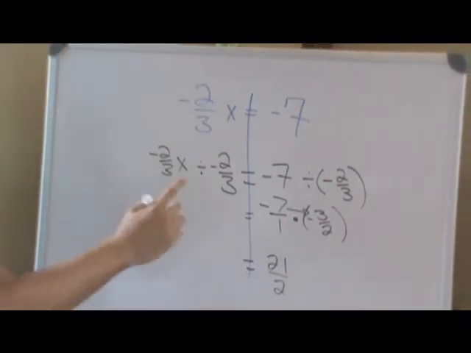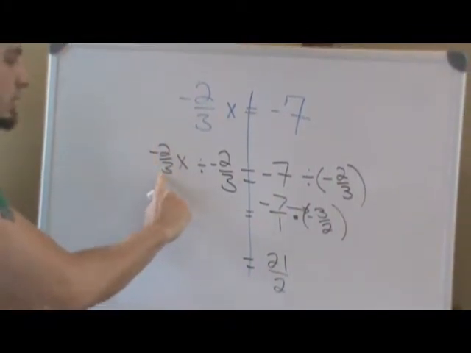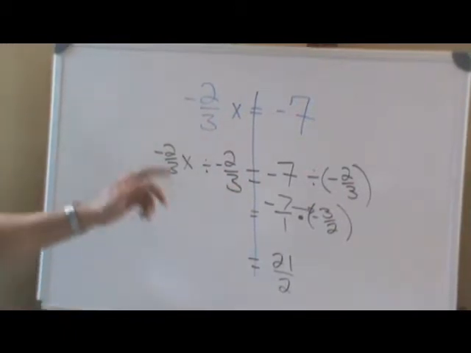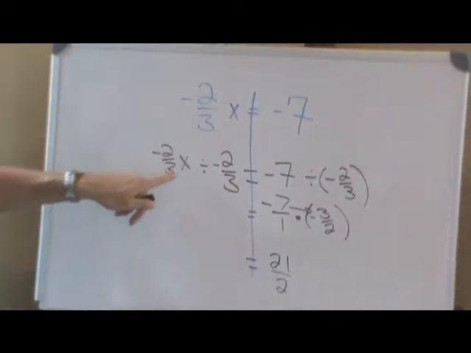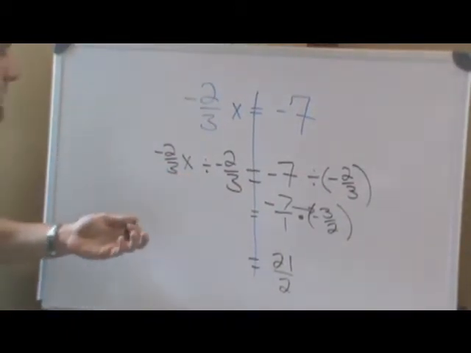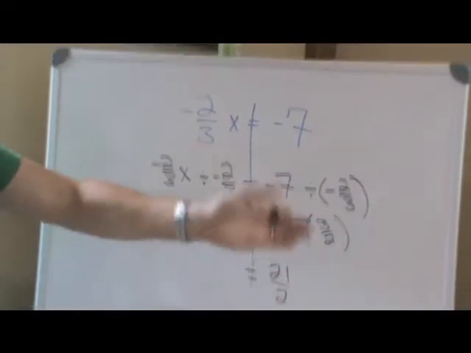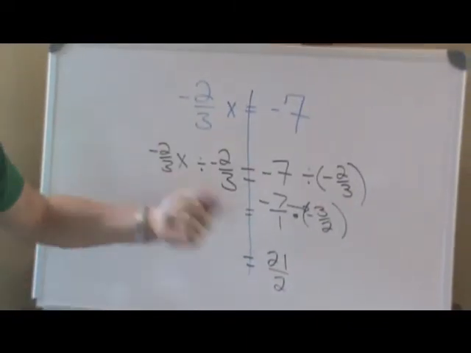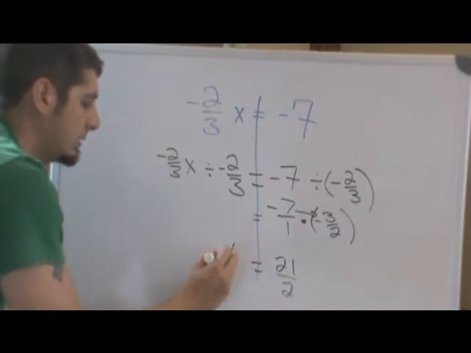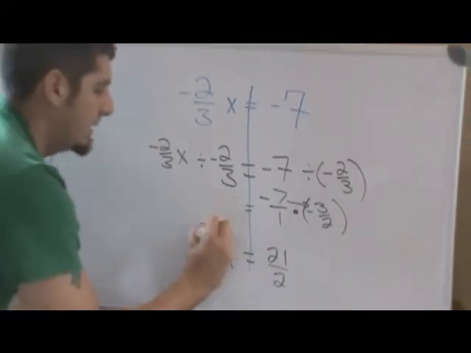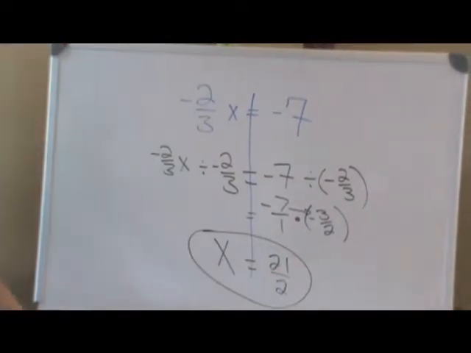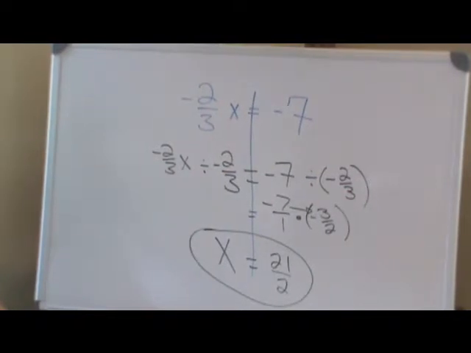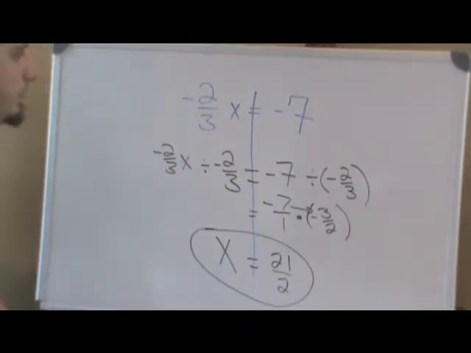On the left side, the negative 2/3 cancels out, because if I multiply any number by negative 2/3, then divide that same number by negative 2/3, I end up right back where I started, which in this case is x. So x equals 21/2. Again, the process was exactly the same.